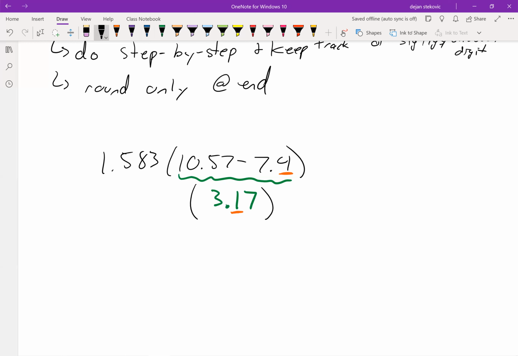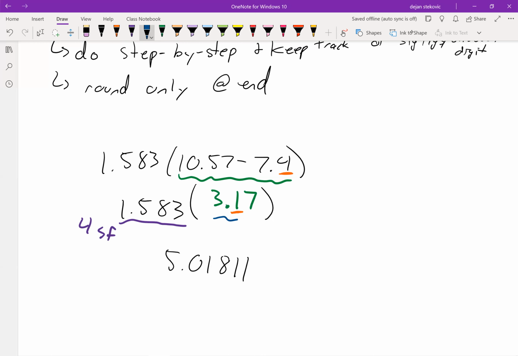So then we multiply this by 1.583, and we type that into our calculator. We get 5.01811. And then we think about what we have here. On this left side right here, we have 4 sig figs.